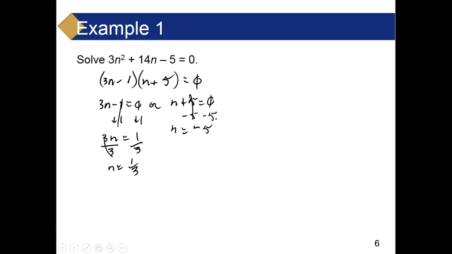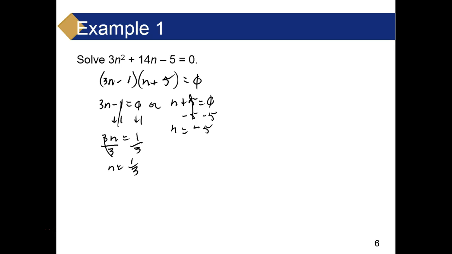All right, now, frankly, I like to check it because I don't like making errors. I make lots of them, but I try to catch them if I can. The first one's a little messy, but not too bad. What happens if we square 1/3? What does that give you? Squaring n, 1/9.